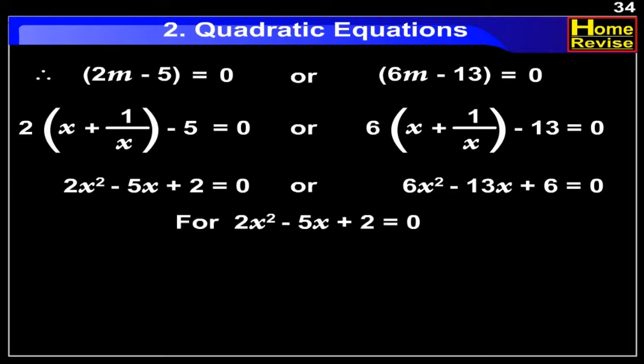Now for the equation 2x square minus 5x plus 2 is equal to 0. Splitting the middle term, we get 2x square minus 4x minus x plus 2 is equal to 0.